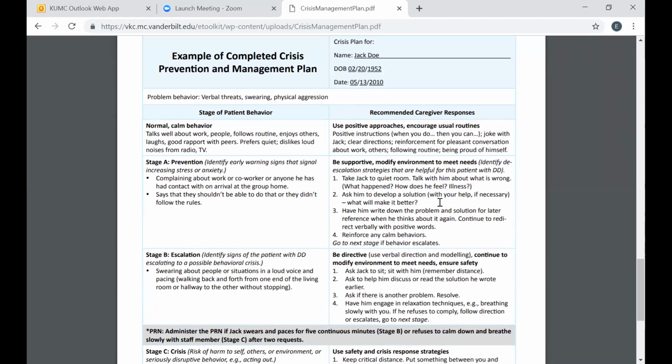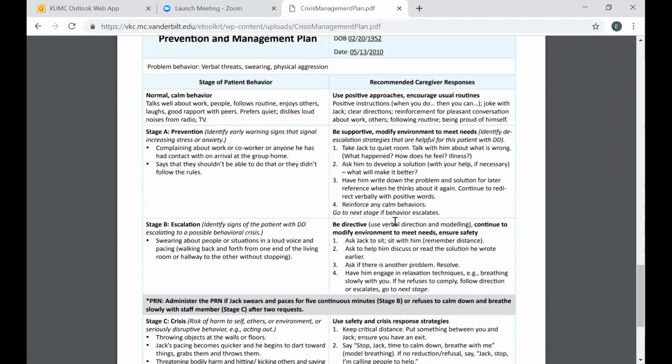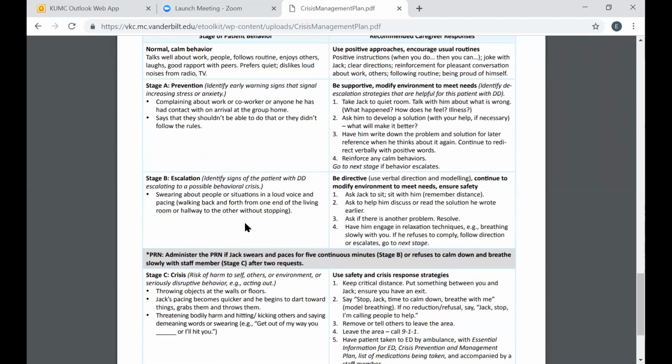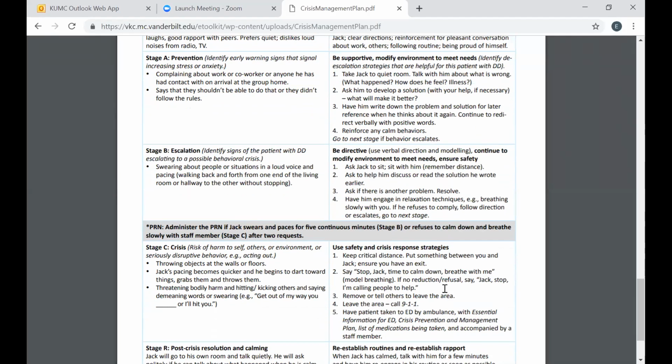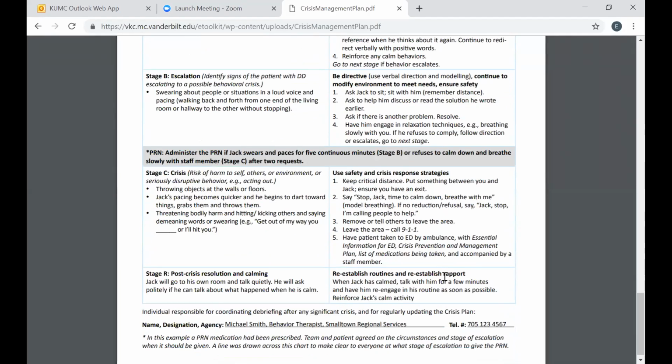You take Jack to a quiet room, talk with him about what is wrong, and ask him about a solution. If behavior escalates, so he starts swearing about people or situations in a loud voice, ask him to sit down, sit with him, and help him discuss or read the solution he wrote earlier. Have him engage in relaxation techniques, which works for this particular example.